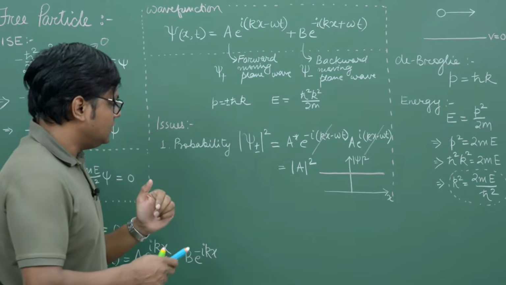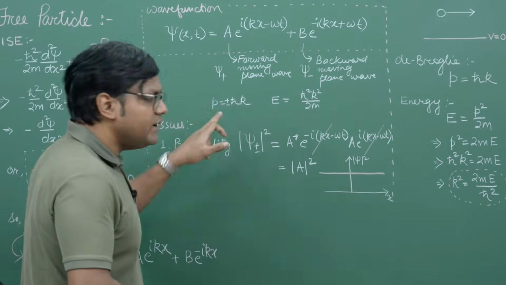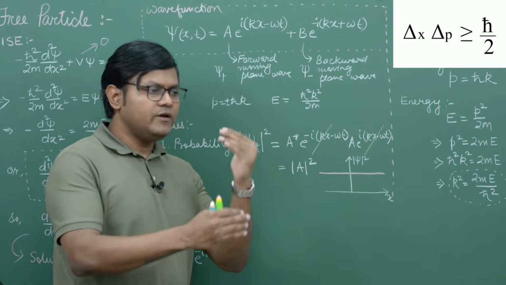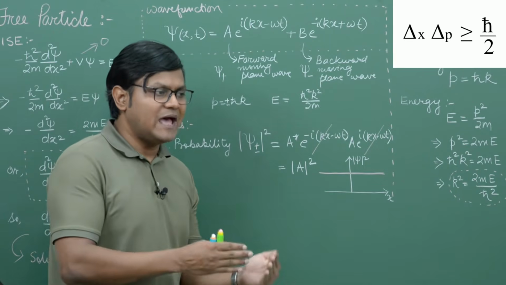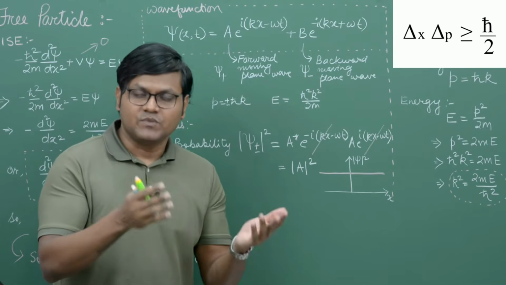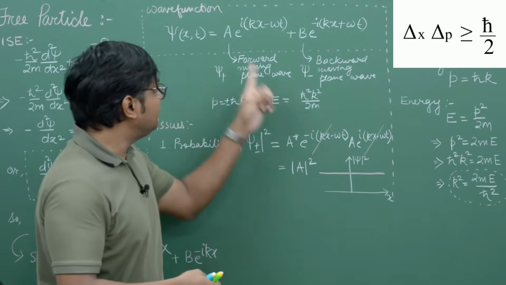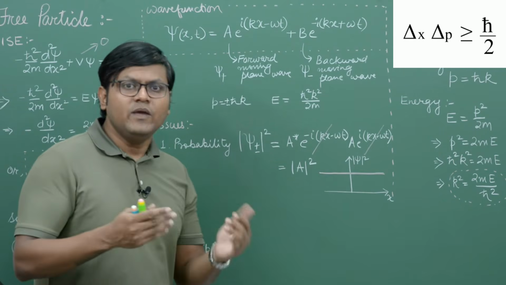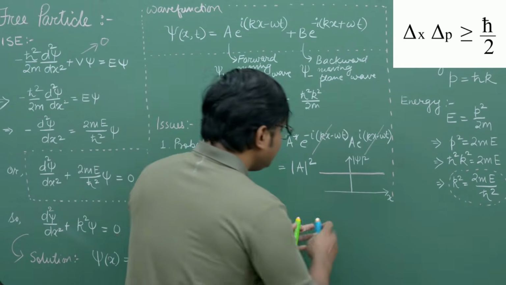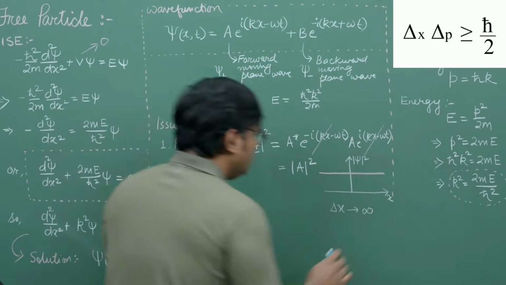That's interesting. One of the reasons for this could be that we have a fixed momentum. Now you already know in the Heisenberg uncertainty relation, we can never really accurately measure the momentum and the position of a particle with absolute accuracy simultaneously, right? But here I am getting a definite value of momentum for this particular forward moving plane wave, which means that the uncertainty associated with the position tends to infinity, which is what's happening here.